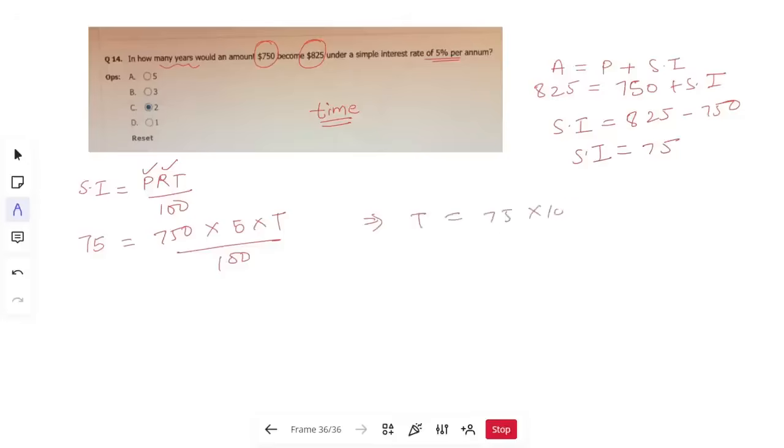So 75 into 100 will go up, and then below 750 multiplied by 5 will come. Okay, so we will get the equation as 7500 divided by 3750. When you multiply, you will get this. Okay, so finally when you cancel it, you will get the value as 2, which is 2 years. Okay, so the time will be 2 years, hence the correct answer will be option number C.